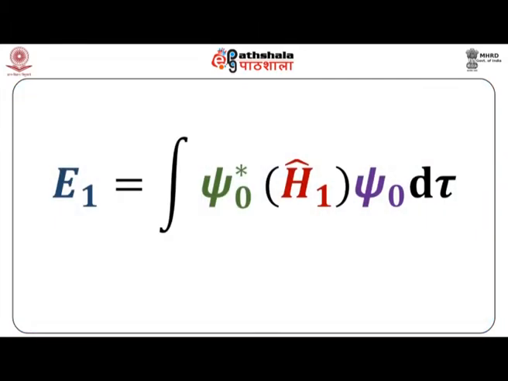And as we already know and have studied, the first order correction to the energy is given by the expression E1 is equal to integral psi 0 star H1 cap psi 0 d tau.